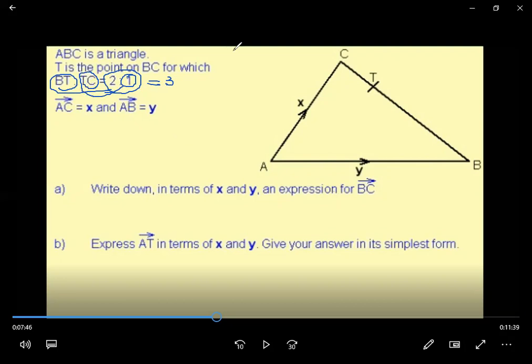All right, just bear that in mind. So we have AC equal to X and AB equal to Y. So you're asked now to write down in terms of X and Y the expression for BC.